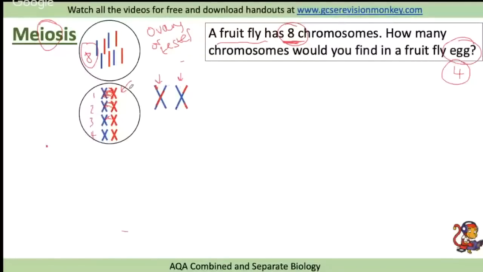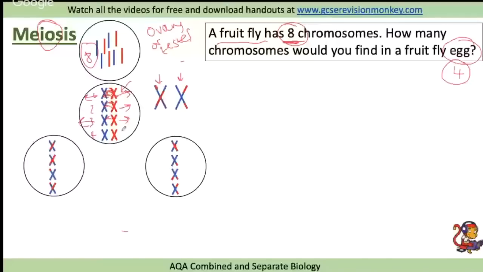So the first division that they do is pulling these chromosomes apart after they've mixed up their DNA like so. So that's the first division, division 1. The chromosome pairs pull apart. You can see they're all slightly different now.